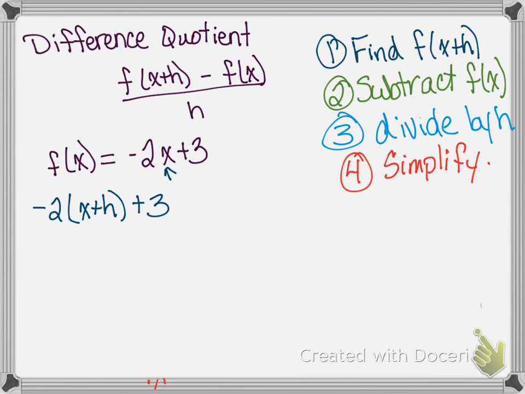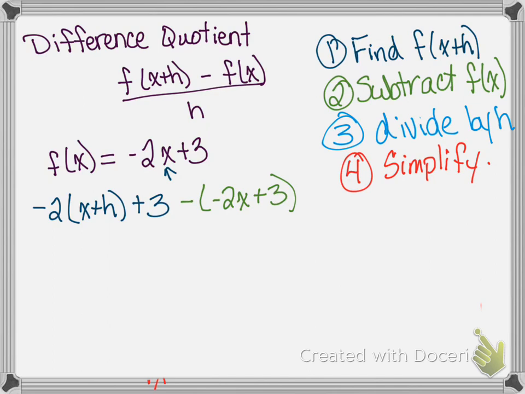The second thing that I do is I subtract my original function. This is where students make mistakes. They subtract and they don't distribute. So I am subtracting all of my original function. So what am I going to have to do with that minus sign? I'm going to have to make it positive, but then what am I going to have to do with the 3?